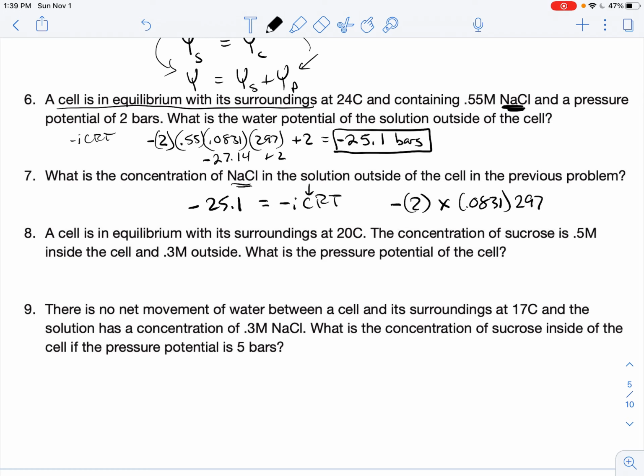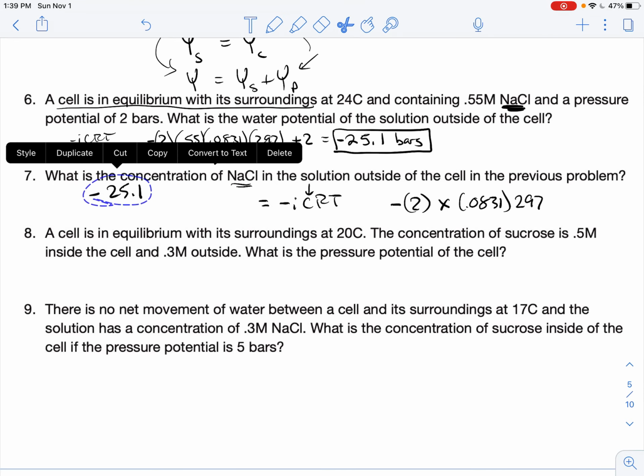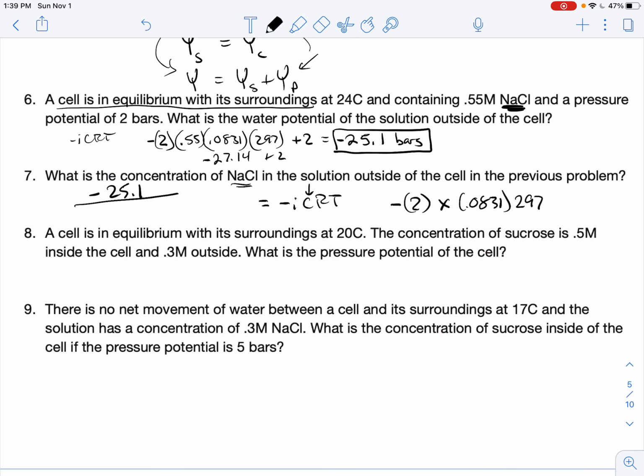What we're going to do is divide that 25.1 by negative 2 times 0.0831 times 297. And that's going to give us our x, or our concentration.